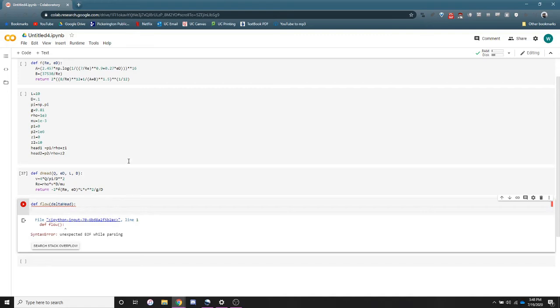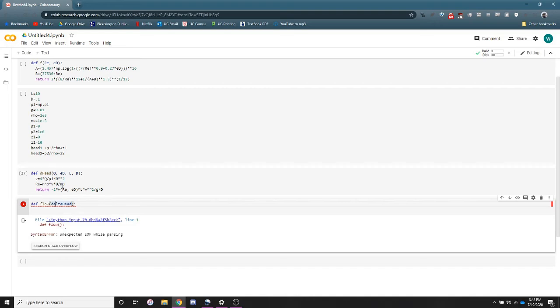We have our input delta head, and we need to subtract that from our calculated delta head that we're going to iteratively solve numerically, in this case using Newton's method.